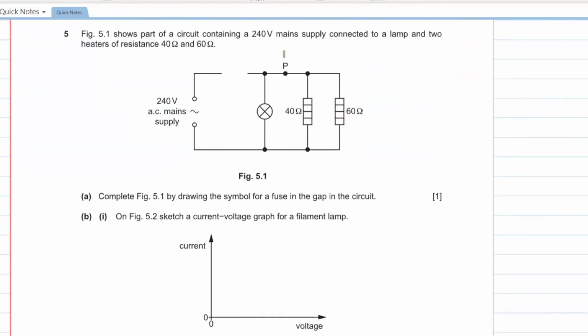Figure 5.1 shows part of a circuit containing 240 volts main supply connected to a lamp and two heaters of resistance 40 ohms and 60 ohms. Complete figure 5.1 by drawing the symbol for a fuse in the gap in the circuit.